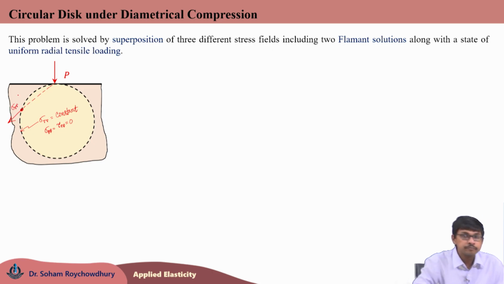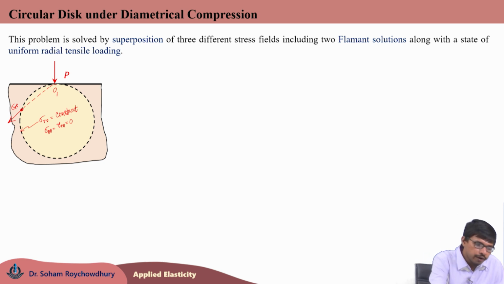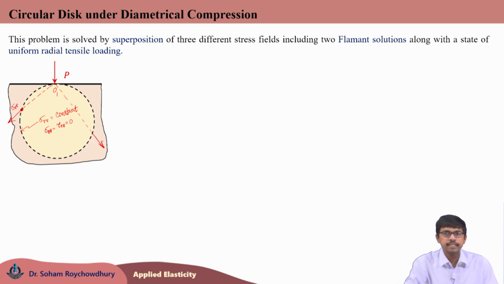This is radial as measured from point, let us say O1, the point of application of load P. All the points on this particular circle within this elastic half space would be subjected to a constant radial stress, and sigma theta theta and tau r theta would be 0. So, this is the first state of stress we are going to consider.